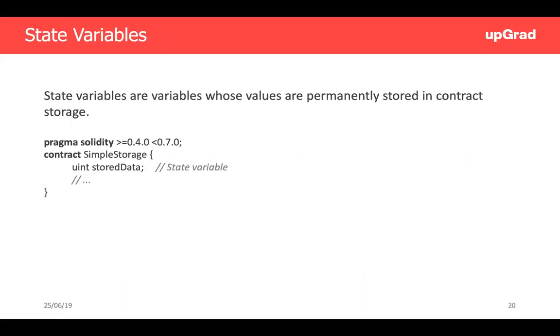All right, so let's look at those 5 elements that we talked about that form the basis of any contract. First element is a state variable. A state variable, like I said, is any variable. An important thing to remember about Solidity is it's a statically typed language.